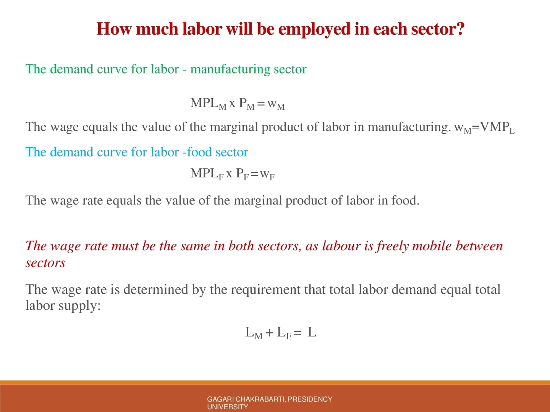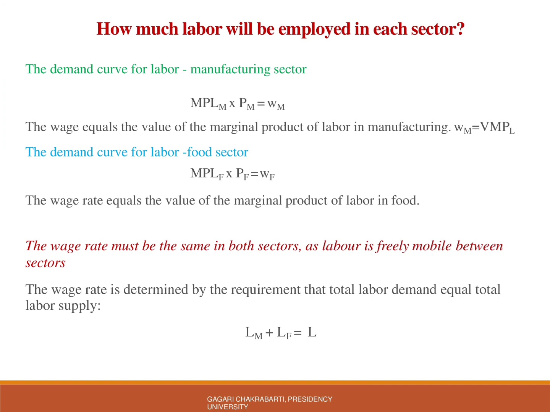So in the manufacturing sector, the equilibrium condition is MPLM, which is the marginal productivity of labor in the manufacturing sector, times the PM, which is the price of the manufactured good. That should be equal to WM, where W is the money wage rate in the manufacturing sector. So this is the equilibrium condition.